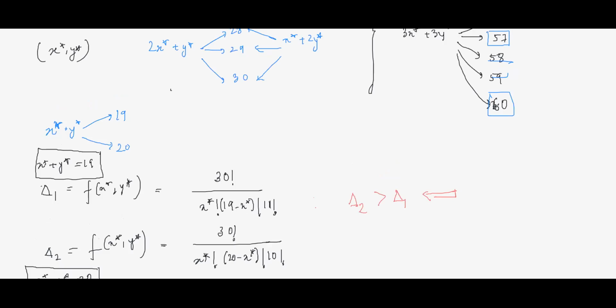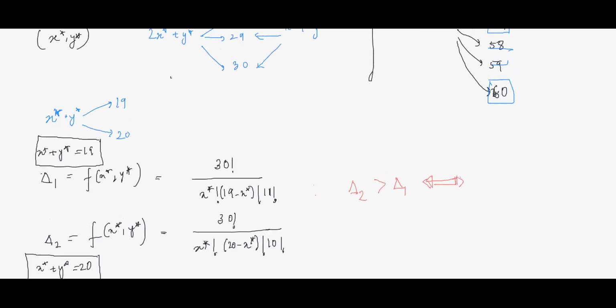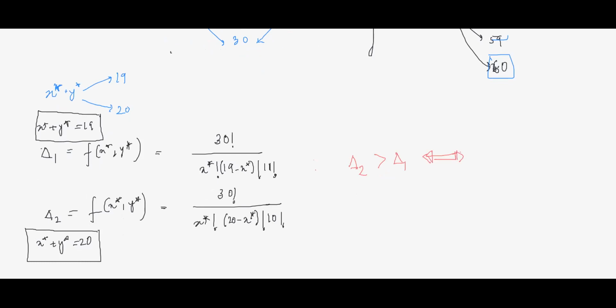If we just divide this by this, we get 11 by (20 minus x) is greater than 1, which is if and only if x is greater than 9. Let me check. Yes, x is greater than 9.